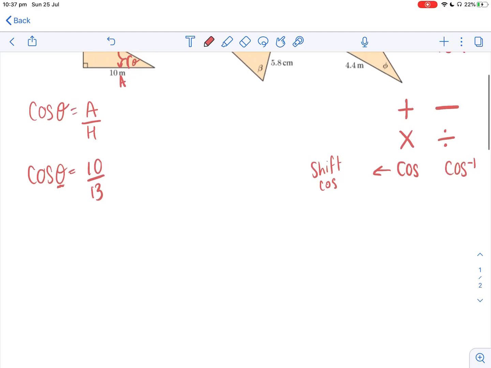Alright, same thing for tan. So if I've got tan, my inverse of tan is tan to the minus 1, and you'd press shift tan. And if I've got sine, the inverse of sine is sine to the minus 1.